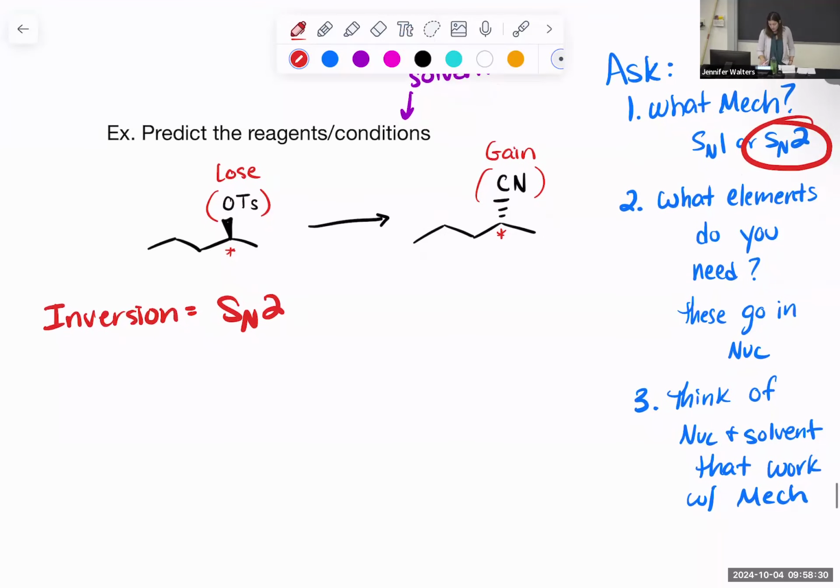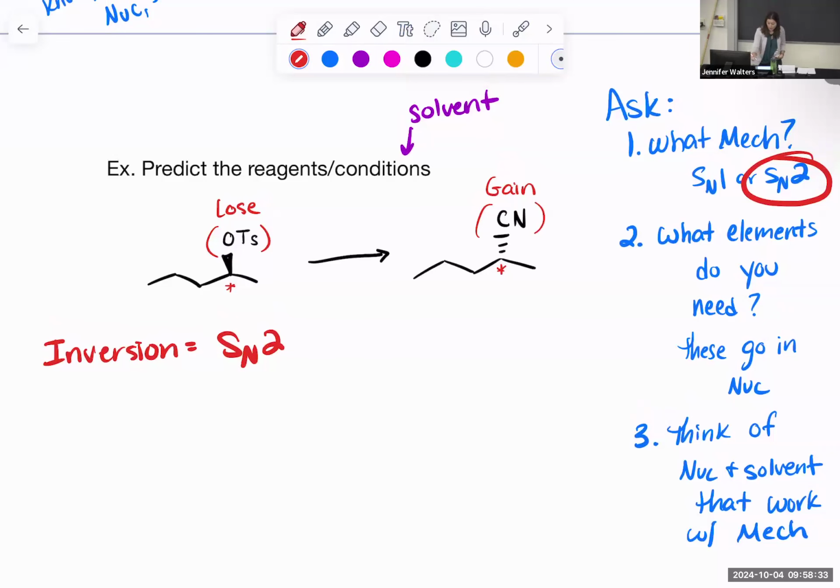All right, so now we're going to think about what nucleophile and solvents are preferred with an SN2 reaction. So SN2, what kind of nucleophile does it like to have? Strong or weak? Strong. What makes a strong nucleophile? What makes a strong base?